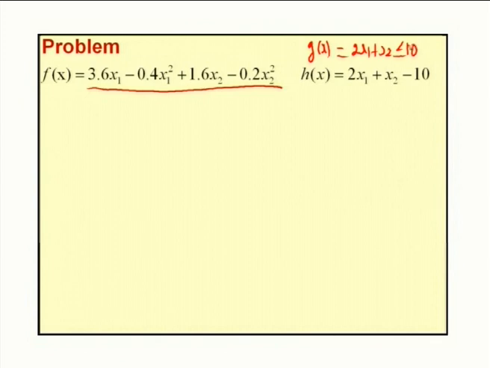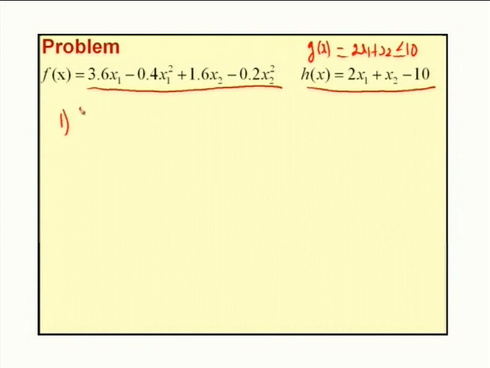By taking g of x minus 10 as h of x, we have h of x is 2 x 1 plus x 2 minus 10. Now, the given nonlinear programming problem involves an inequality constraint, so the necessary condition is the Kuhn-Tucker condition.